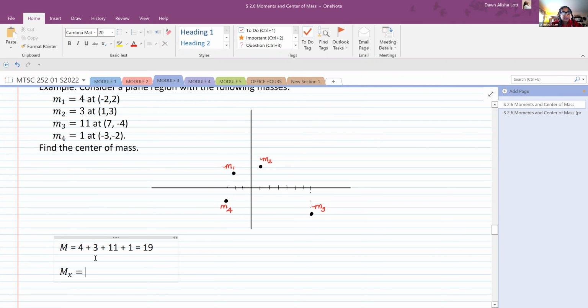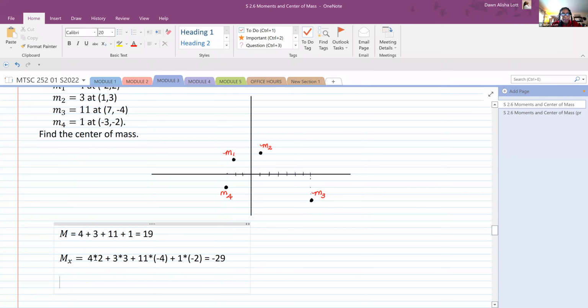So that's going to be a mass of 4 times 2, plus a mass of 3 times 3, plus 11 times -4, and 1 times -2. All right, so that's -29.